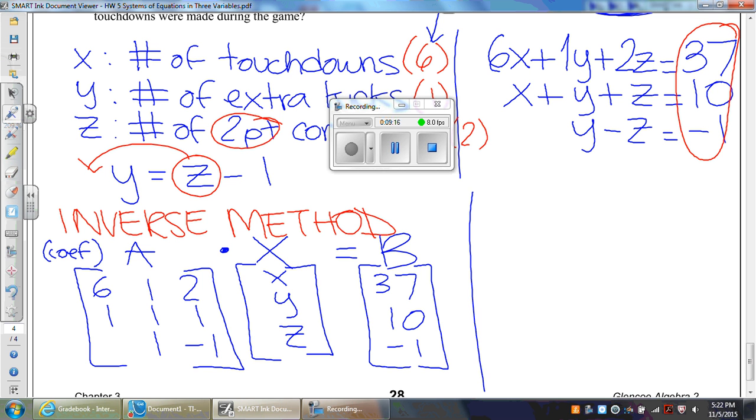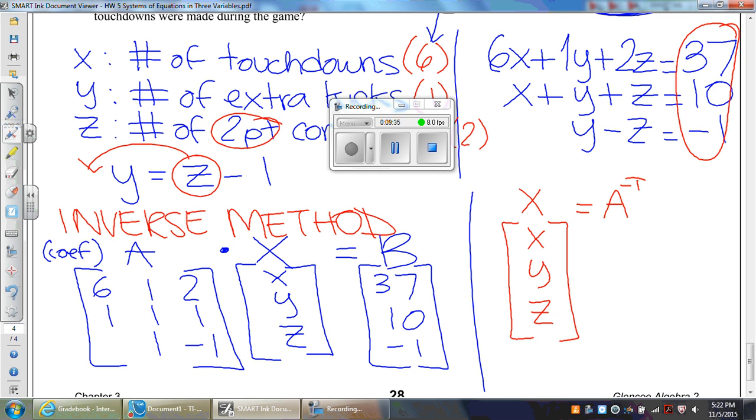Now, the inverse method says that the answer to your system, so the variables x, y, and z, will be given by multiplying the inverse of the coefficient matrix, notice how I have here the negative 1, times the constant terms matrix.